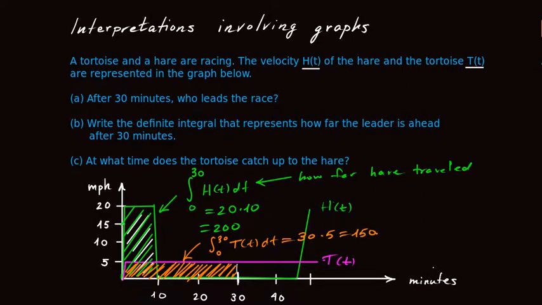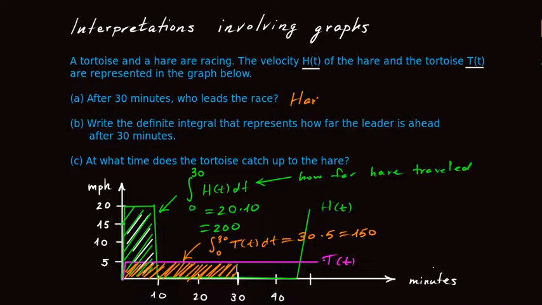Well, so what's the answer to A? Clearly the hare is still ahead after 30 minutes. He has gone 200, and the tortoise has only gone 150. So who leads the race? It's the hare.